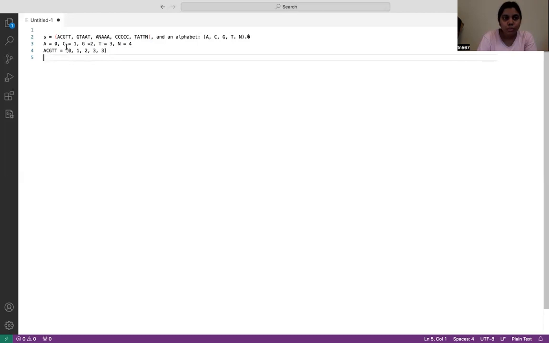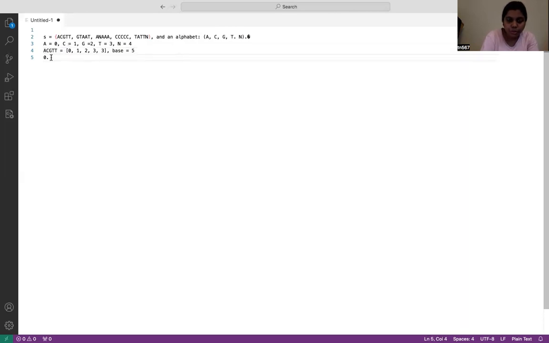So I'm going to convert these strings into a single number. We multiply the index of the alphabet with the base, which is nothing but the number of alphabets present. So here the base is going to be 5, since the number of alphabets is 5.